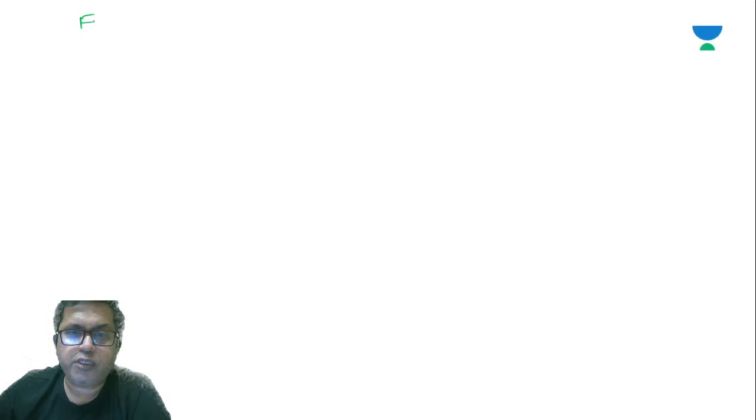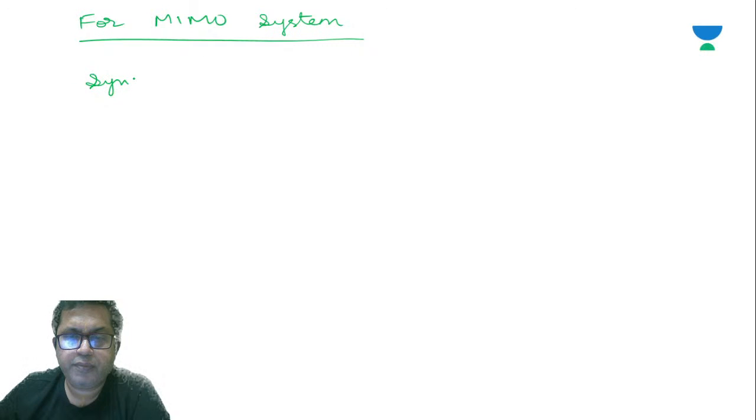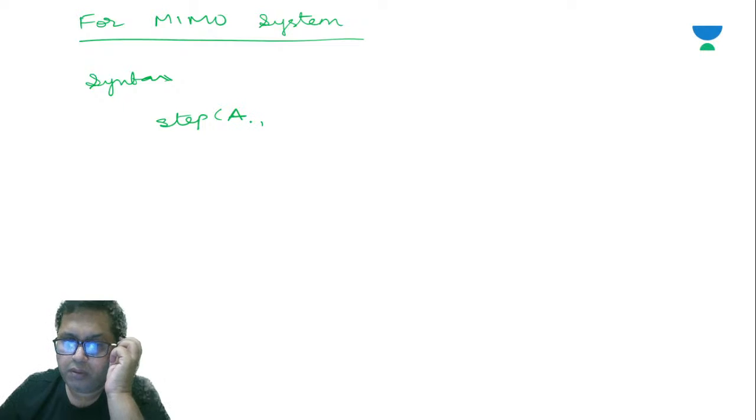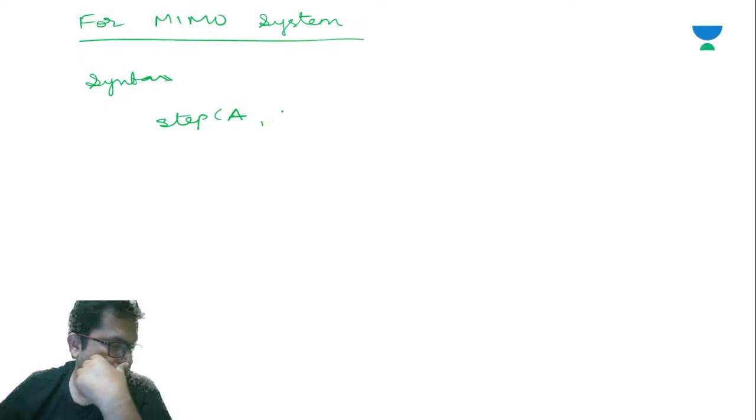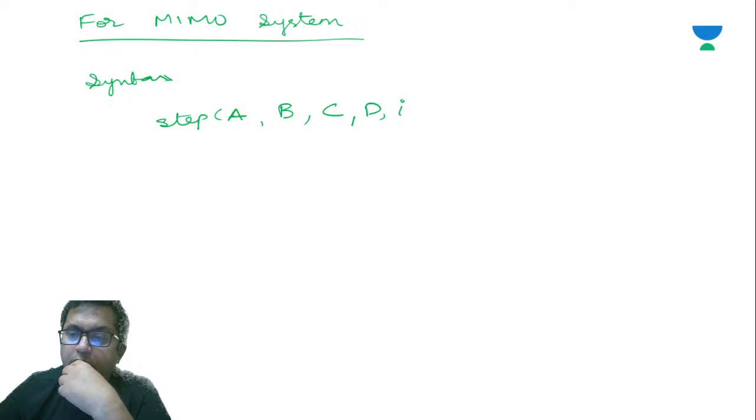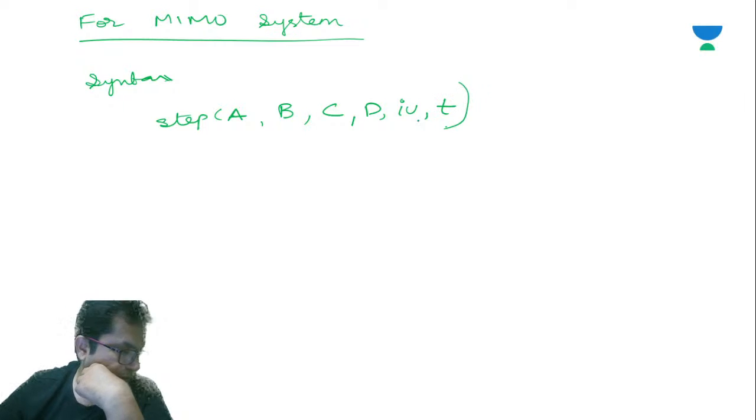Okay, for MIMO system, what is the syntax? The syntax is step(A, B, C, D, iu, t).